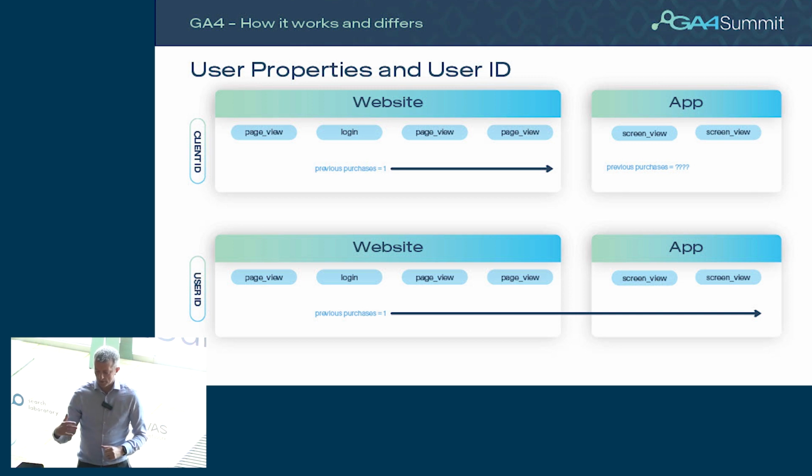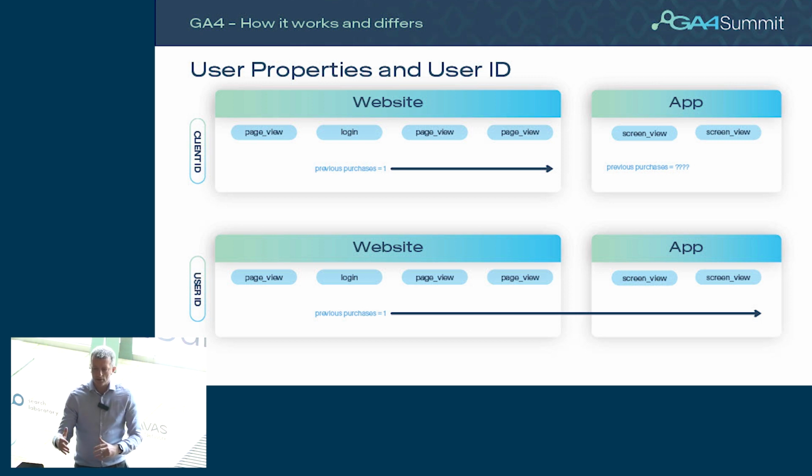So next up is user properties, and we're going to be talking quite a lot later in today's session about how we use GA to understand your customers and activate against your customers and potential customers. An underpinning feature of GA4 is the concept of user property, or user dimension, as you may have heard of it.